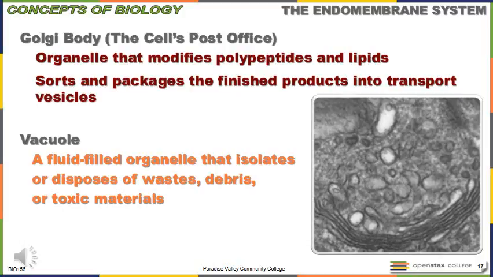Instead of running down to the local dump. So the vacuoles are the white circular oblong circles here, or some of them are a little bit grayer, but they're the circle-looking structures. Those are your vacuoles.